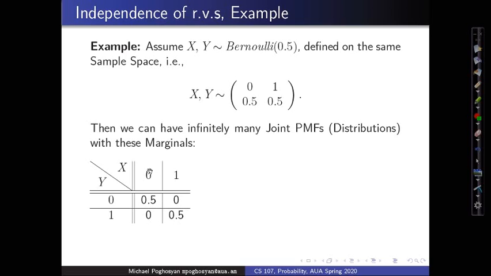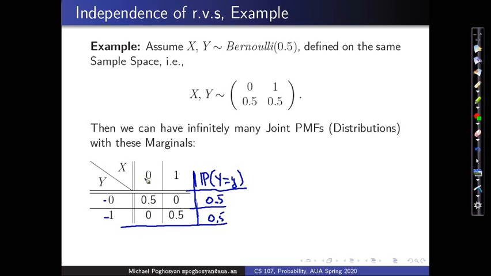So if I try to write marginals here, I am writing the probability that y is equal to that particular value small y, which can be either 0 or 1, adding these two numbers and writing 0.5 and 0.5 here. And for the marginal of x, I am writing the probability that x is equal to small x, with the column sums here.